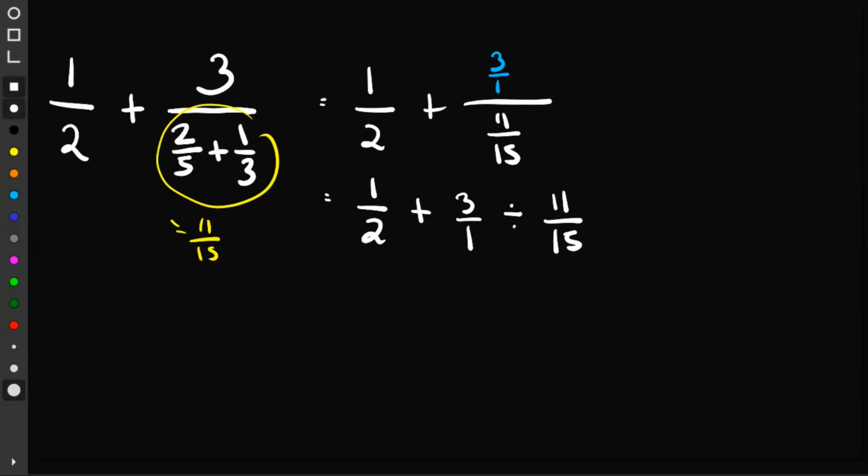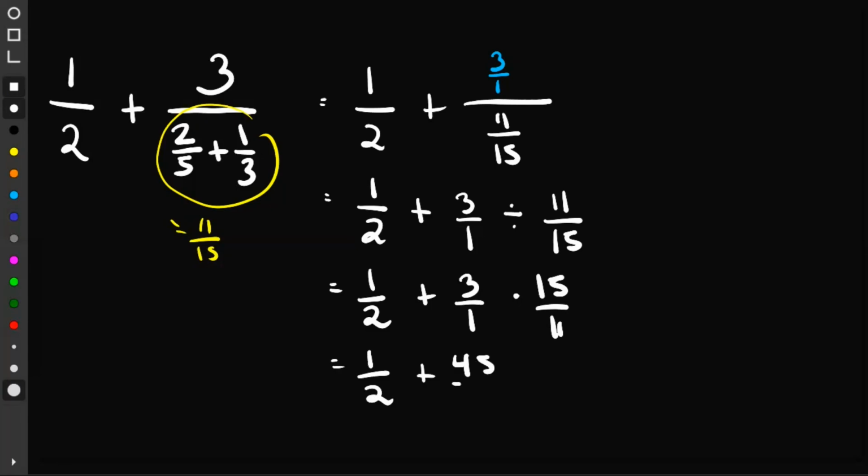So applying the rule out here would give us 1/2 plus 3 over 1 times 15 over 11, or this is 1/2 plus 45 over 11.